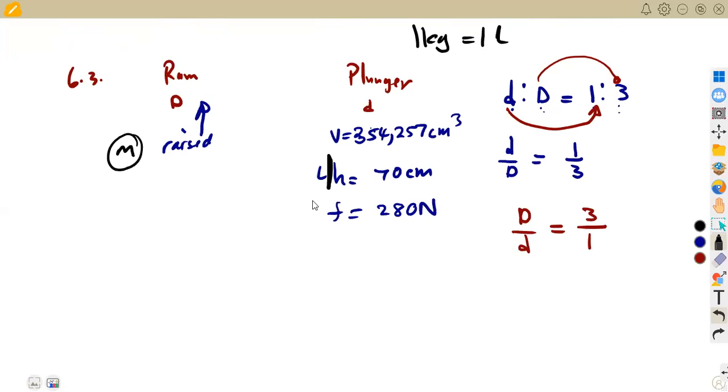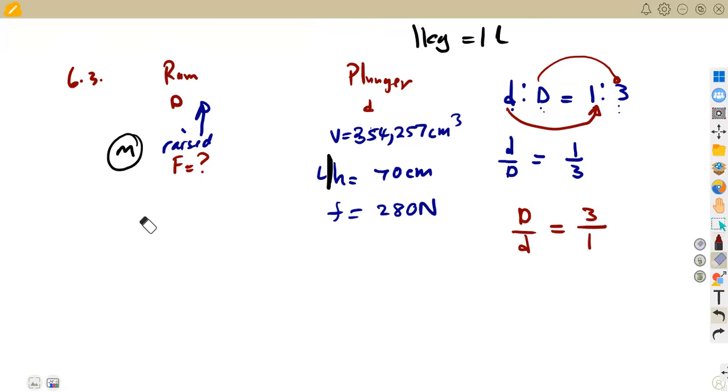But the question is, how are we going to obtain this mass from the part that is being raised? As we are considering the ram, what we need from the ram is the force, since we know that the force is equivalent to mg.